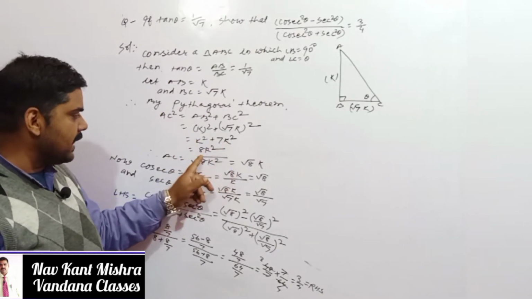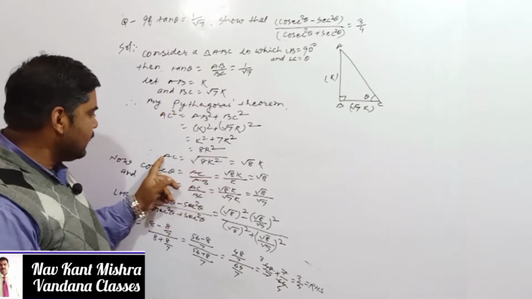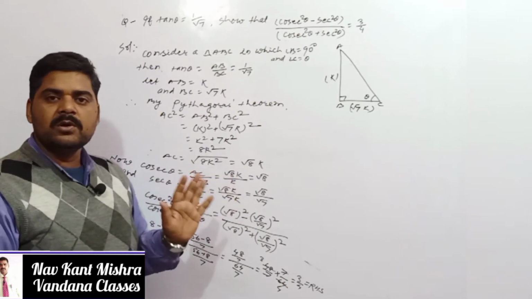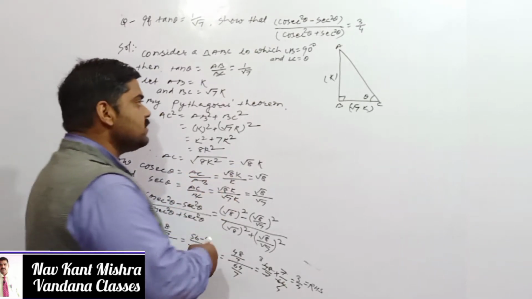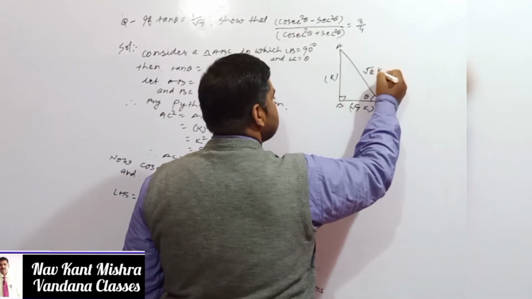K square plus 7K square is equal to 8K square, and this is why AC is equal to square root under 8K square, which is root 8K, and this is why the value of AC is root 8K.